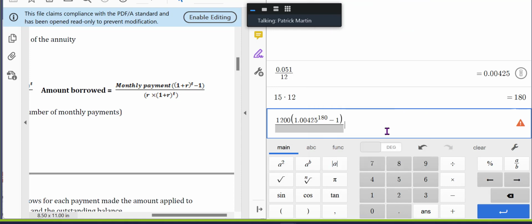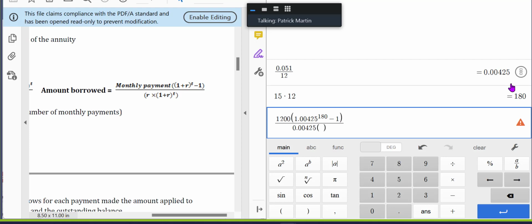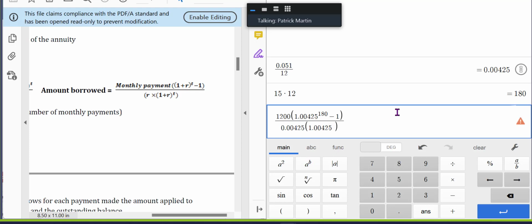So divide that by R, which is 0.00425, and then times 1.00425 to the power of T, 180, right? So we get 150,751.